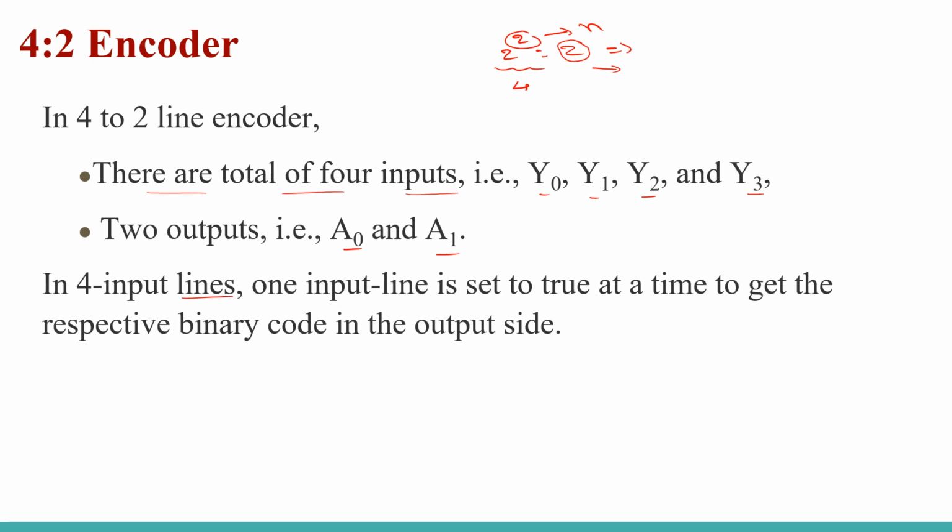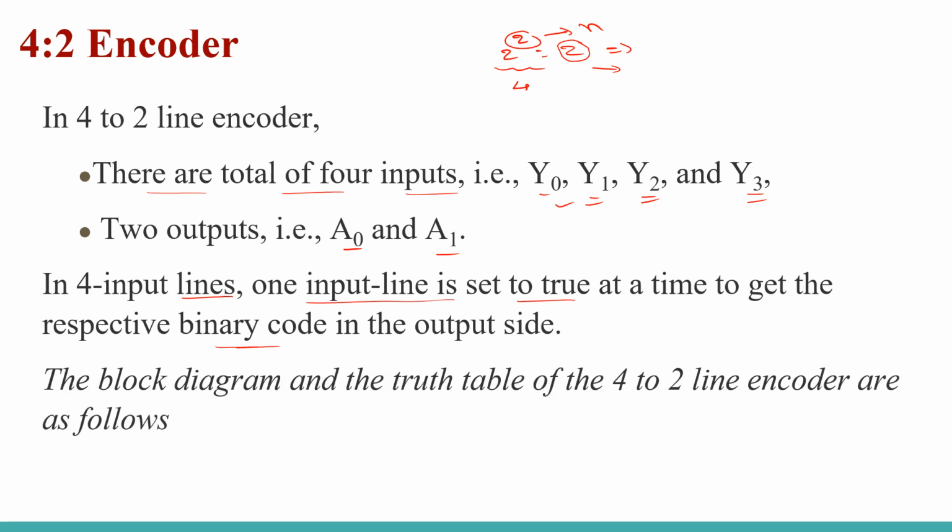In the 4 input lines, one input line is set to true at a time to get the respective binary code on the output side. Out of these 4, only one is acting at a time, and that will be forwarded to the output side. The block diagram and the corresponding table and its analysis are shown in the next slide.